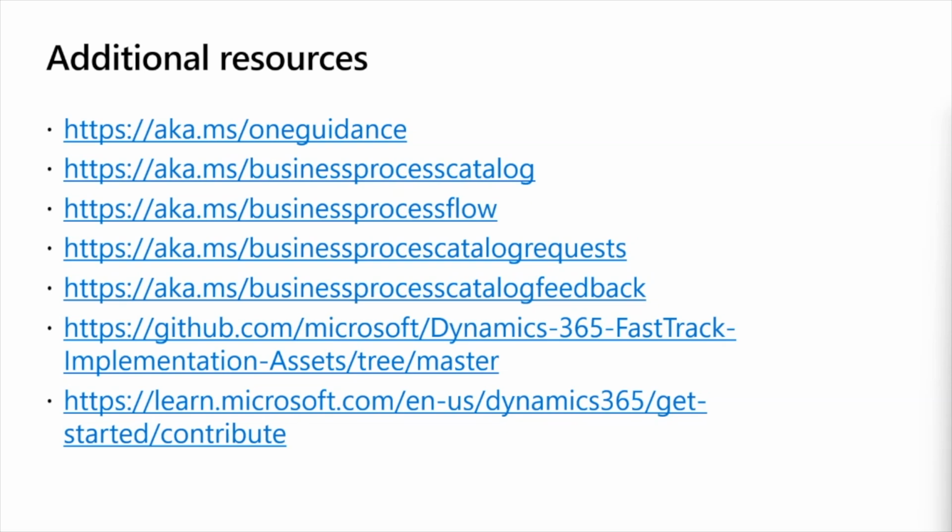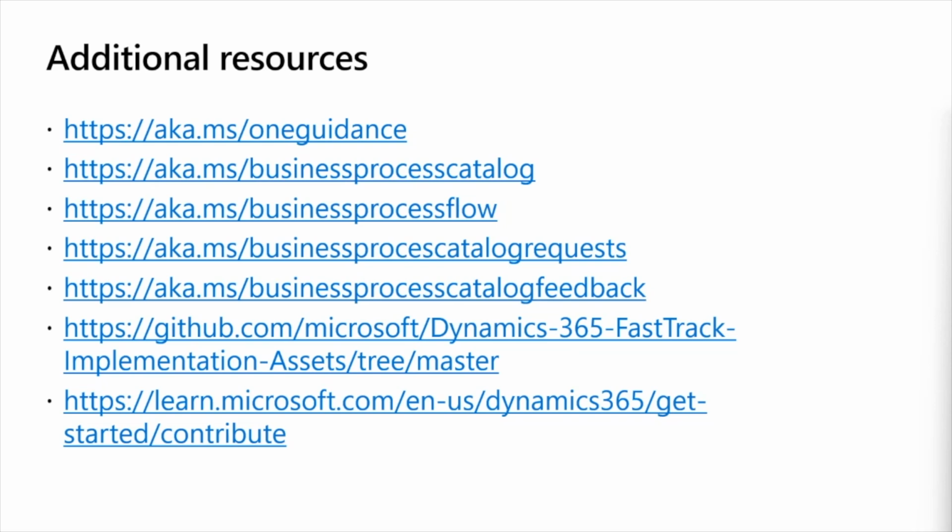But this particular link takes you into the GitHub repository into our issues tab. This is another way that you can communicate with us about your contributions, report errors, or request new features for the business process guidance or the guidance hub in general. So if you've got ideas, things that you'd like us to include, this is the best way to communicate with us about those requests and that feedback.